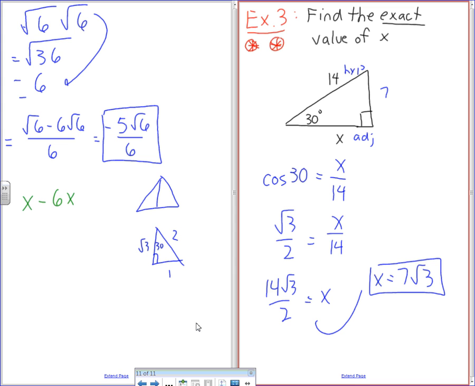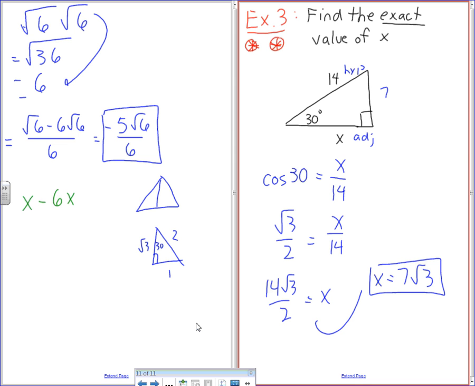Why did you pull the root 3 over 2? Because that's what cos 30 is. Cos 30 is just equal to root 3 over 2. Now, if you don't believe me, you could have done this in your calculator and said this is 0.866.